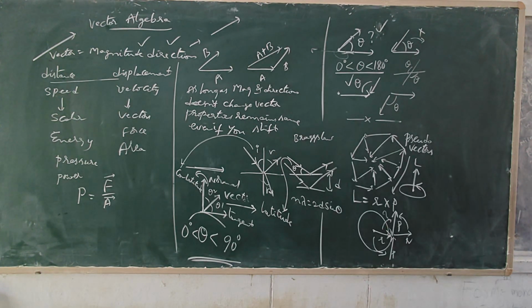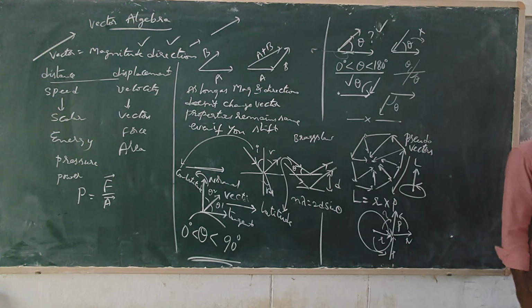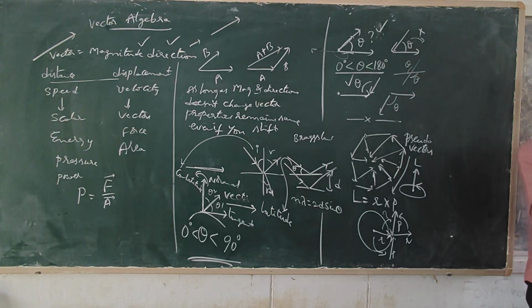Entire activity is in the plane perpendicular to the vector. And the direction is not fixed. If you consider right hand thumb rule, you will get one direction. If you consider left hand thumb rule, you will get another direction. So once you start with the right hand thumb rule, you have to continue it till the end of the story. So most often we consider right hand thumb rule. So when the object is revolving in anti-clockwise direction, angular momentum is upwards.